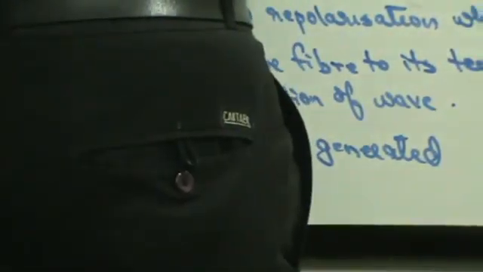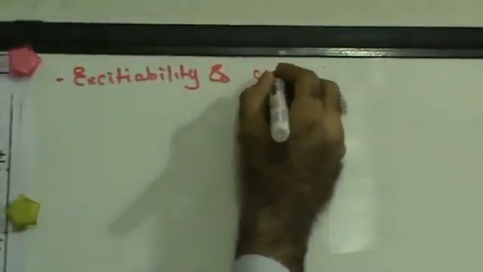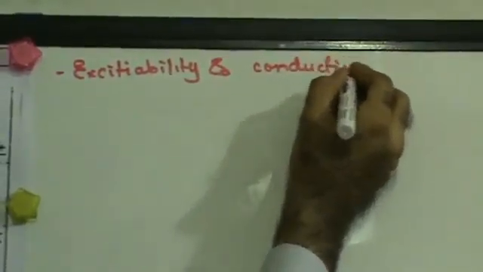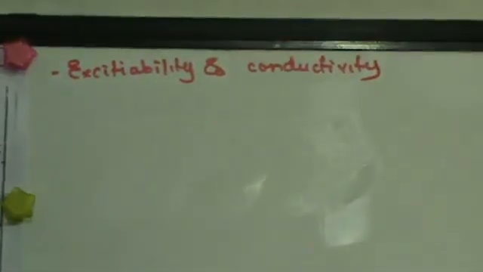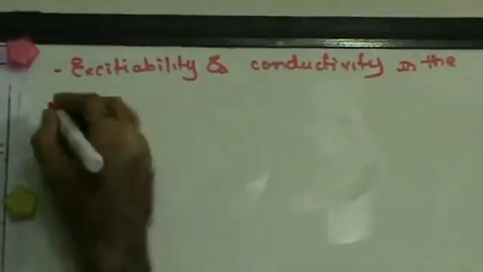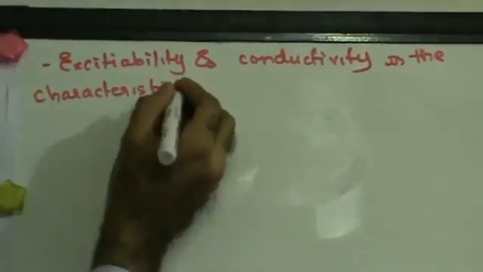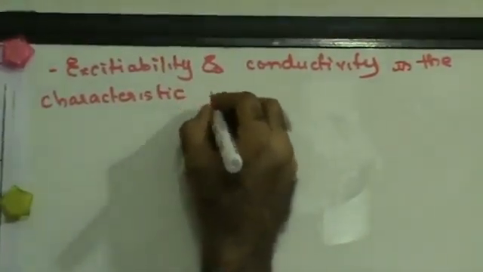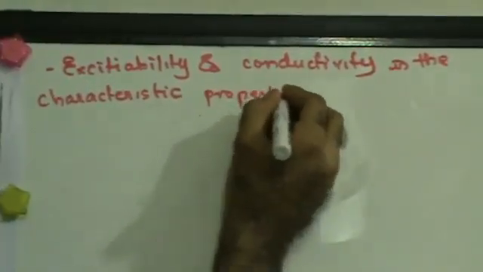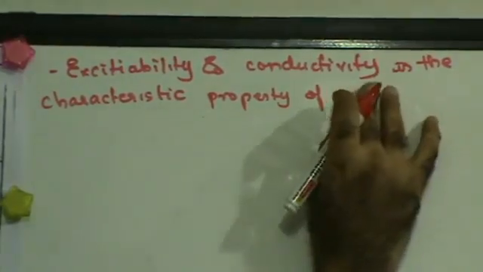I can say that excitability and conductivity is the characteristic property of a nerve.